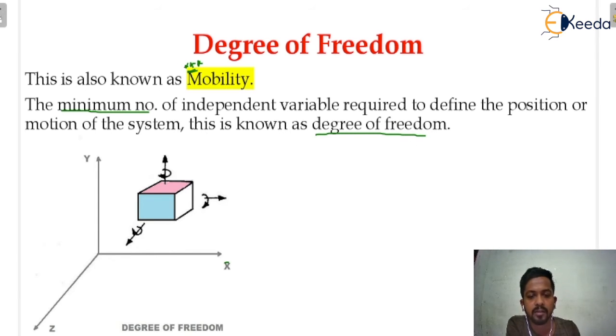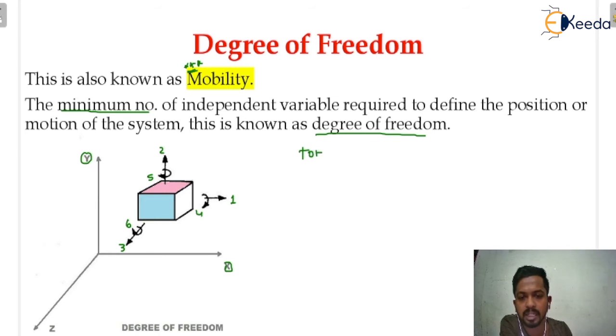Now we understand this by diagram. So this is the diagram. You can see here that is a three-dimensional space. Now this is our system, and you can see here the types of the motion, that is 1, 2, and 3, and that is rotation 4, 5, and 6. How many number of motions are there? Total number of motions are 6.